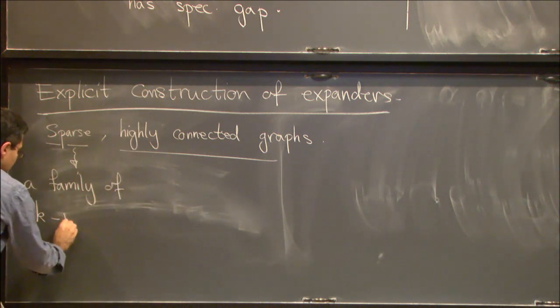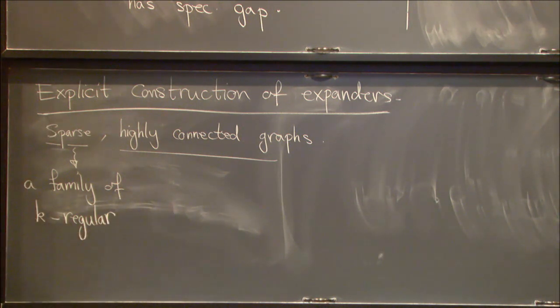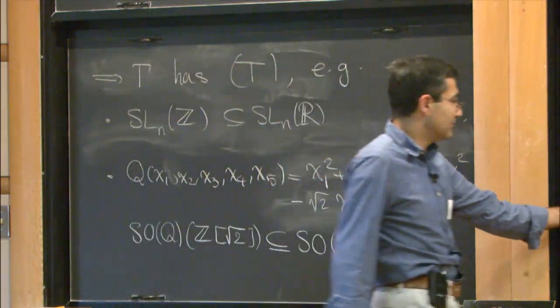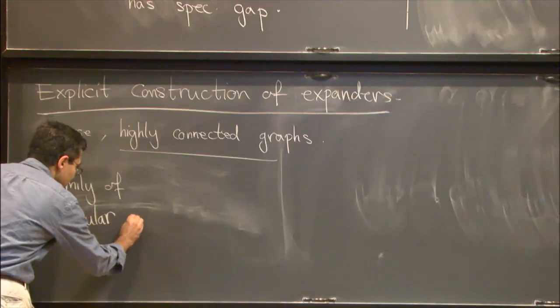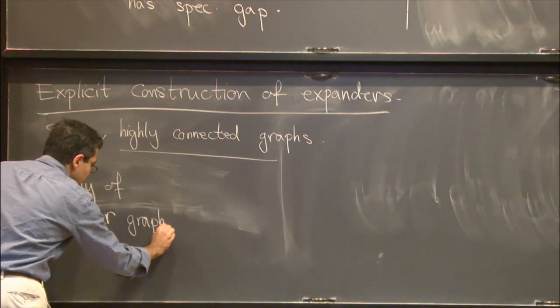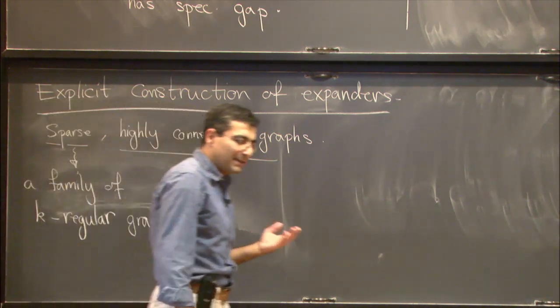In practice, you do not want to restrict yourself to k-regular because most of the graphs in applications are not actually regular. But anyway, I'm on the pure side. So a family of k-regular graphs. By fixing k, I'm going to get sparse graphs. Now I have to tell you what highly connected means.